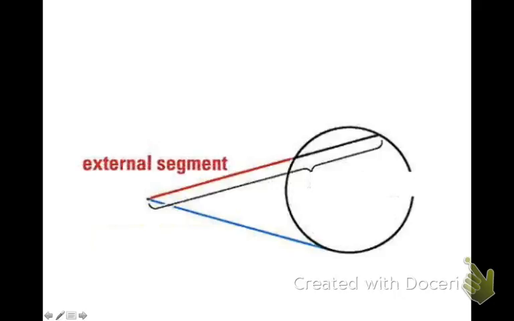So first thing we need to discuss is internal and external. In red, we have an external segment. Do you see how the external segment differs from the internal segment? Okay. So you have your external segment here. The whole entire thing is going to be your secant segment.